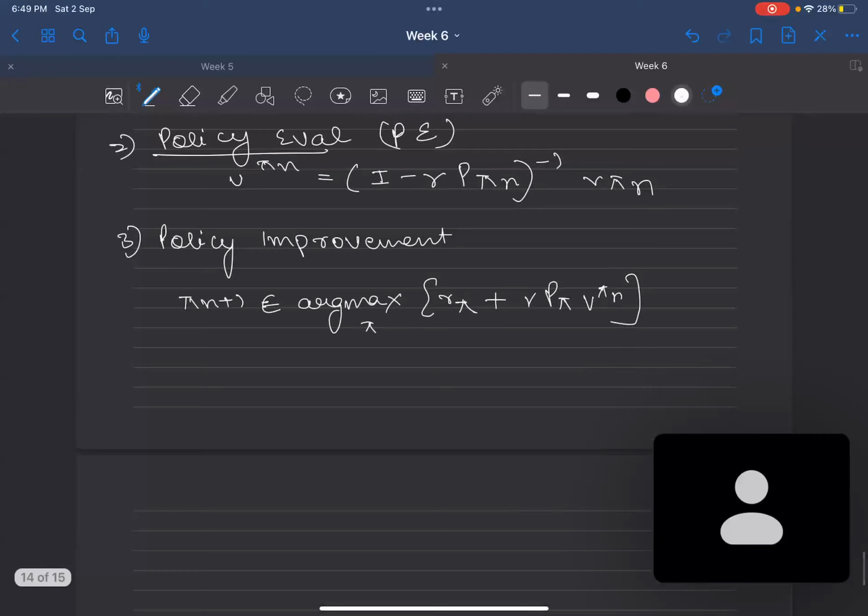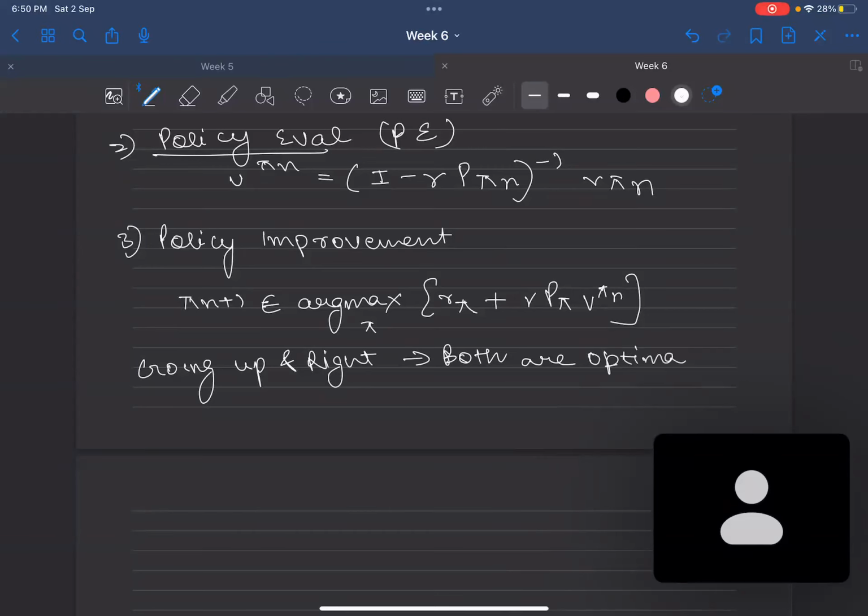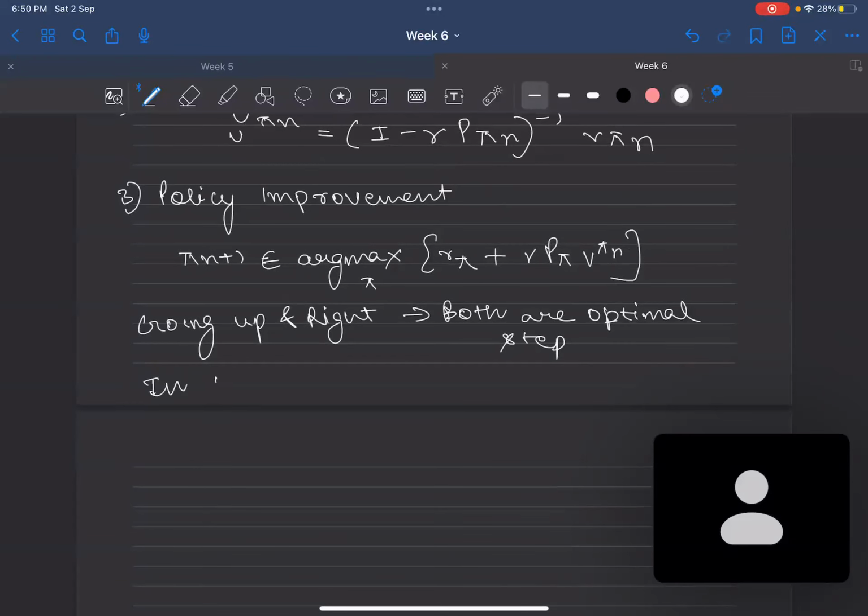Here, one more thing is there. Suppose I'm taking the grid example, and going up and right, basically both are optimal steps. In the previous step, you have chosen going up as an optimal action.